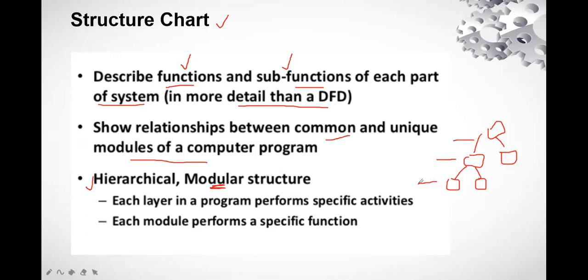All these layers in a program specify the activities: what activities are going to be performed. Each of the modules specifies the functions. So we need to understand that a module specifies what functions will be performed, and a layer specifies which activities are going to be performed.